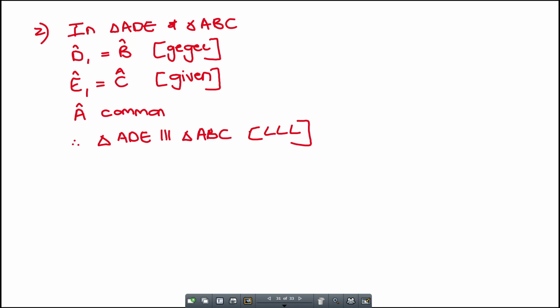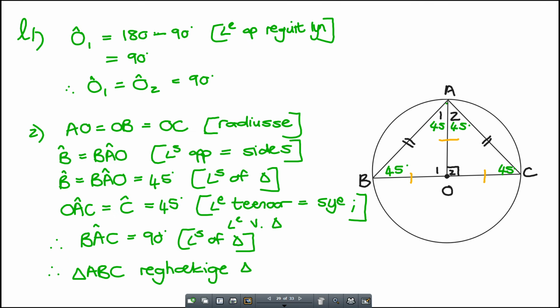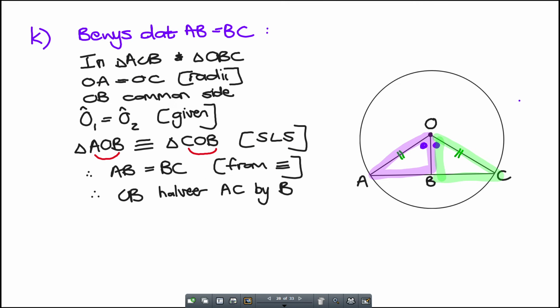Is it at similarity or congruency? Die wat? Die hele aktiwiteit. Okay. Right, so let's quickly go back, né? The ones that we have marked. It might not have made sense at home.